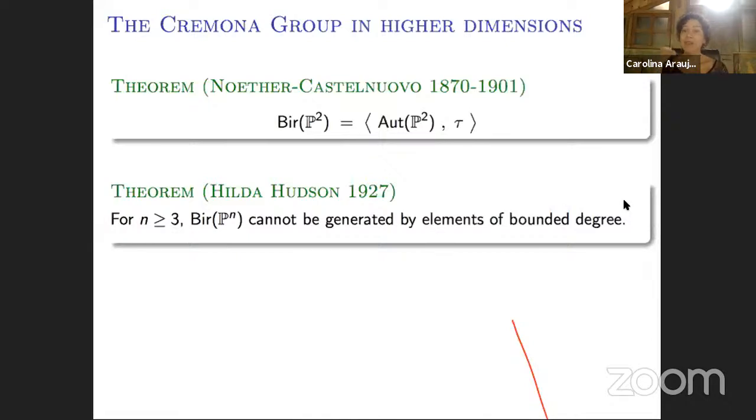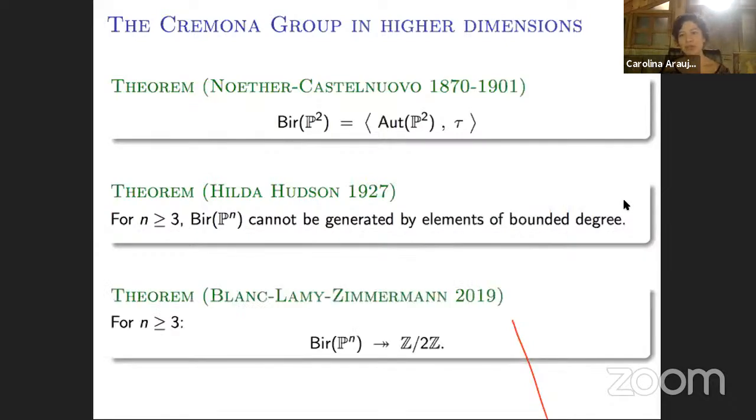And if you have a set of generators for the Cremona group, which we don't have at this moment, but if you have some set, it has to contain elements of arbitrarily large degree. So we do not have such a strong factorization theorem as the one of Noether-Castelnuovo. However, recently there has been a lot of activity to understand this group.